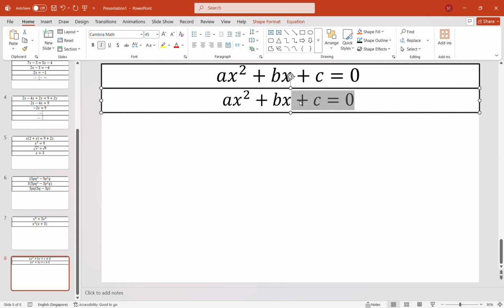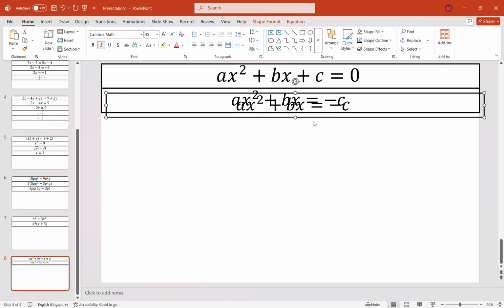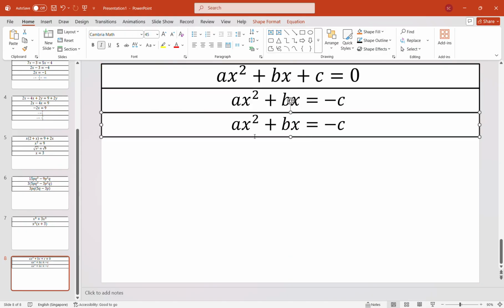So if I'm not wrong, this means that we subtract c on both sides, leaving us with this. And then we multiply by 4a on both sides.